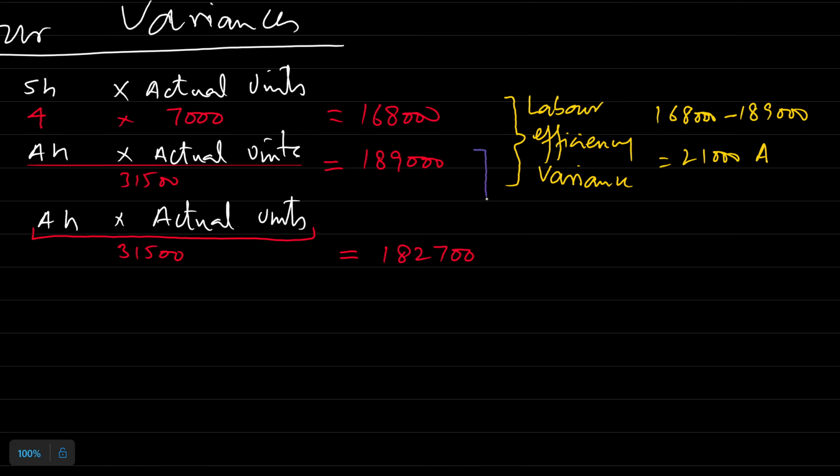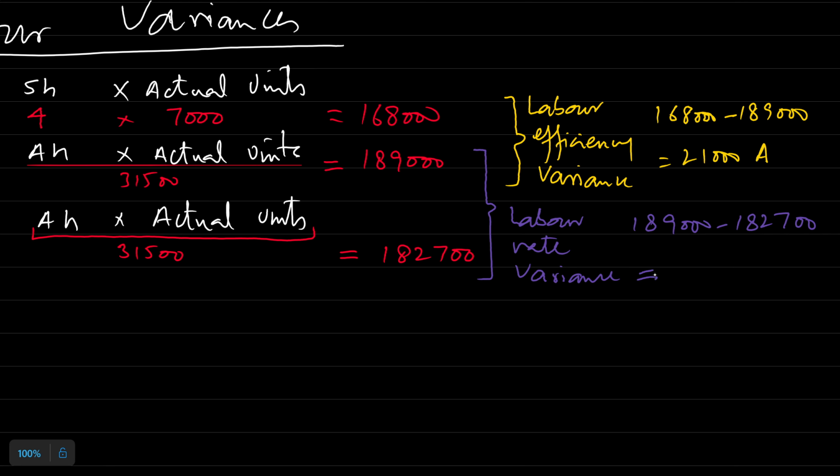And the difference of the second and third lines' answers will be labor rate variance. That will be 189,000 minus 182,700.